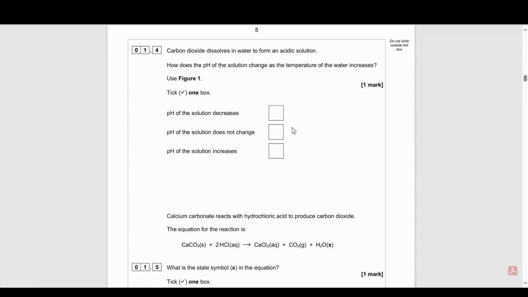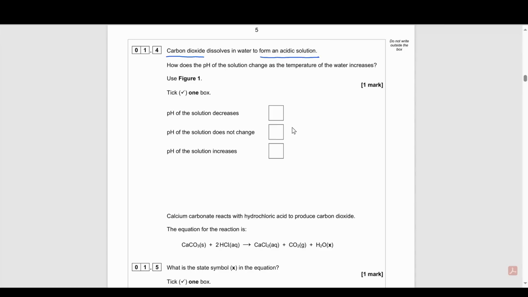Carbon dioxide dissolves in water to form an acidic solution. How does the pH of the solution change as the temperature of the water increases? Well, the statement says that carbon dioxide forms an acidic solution when it's dissolved in water.